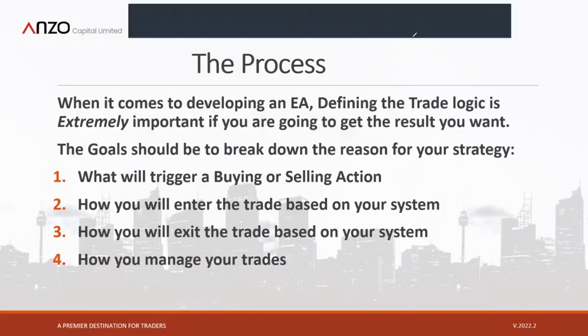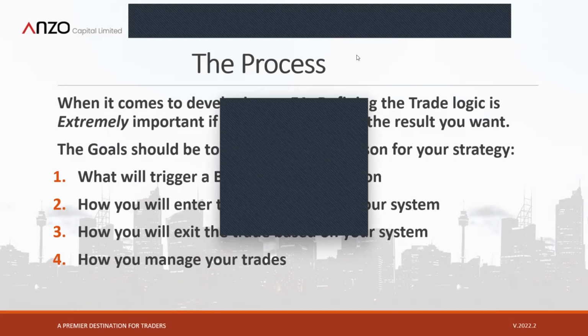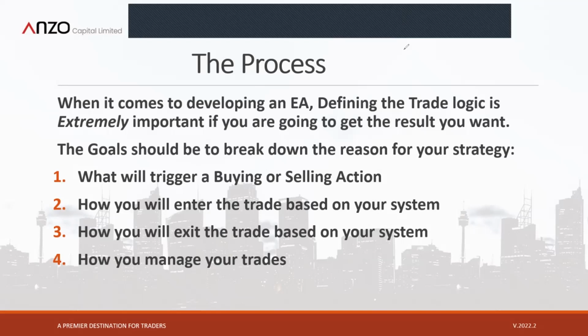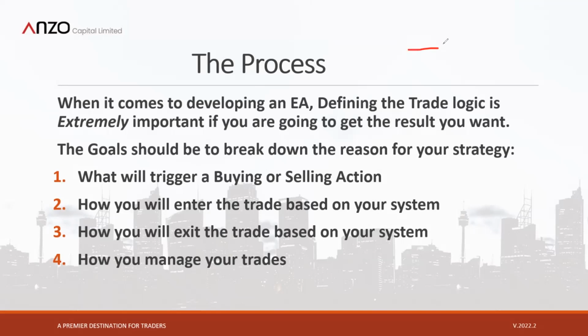To define your process, clearly explain what triggers your buying or selling action, how you enter the trade based on your system, how you exit the trade based on your system, and then probably how you manage the trade when the market is going the way you want it, or even when it's not. So, sometimes people use some style of martingale system where, okay, I'm buying, it doesn't go up, it comes down, maybe I try to get into at least 3 more positions or something like that.